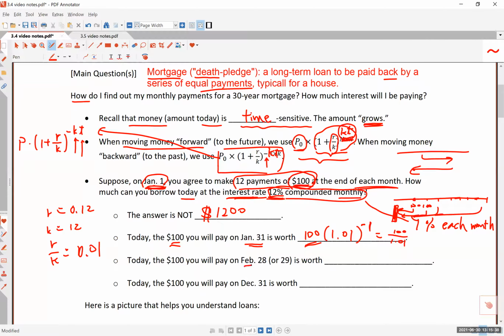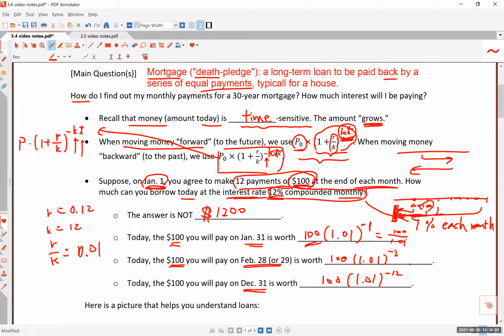Now, your second payment is going to be made at the end of your second month, February. Today, the $100 you will be paying back that day is not worth $100, but 100 times 1.01 to the negative 2. That's this amount brought back. And so on, all the way to December 31st, which is 12 months in the future.